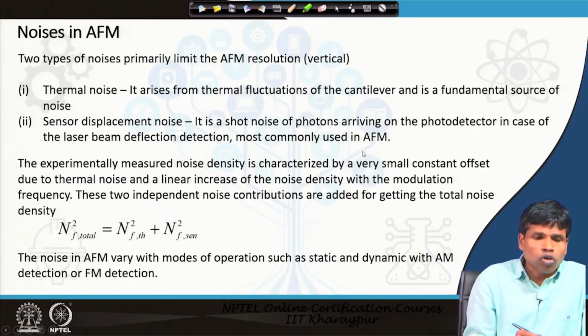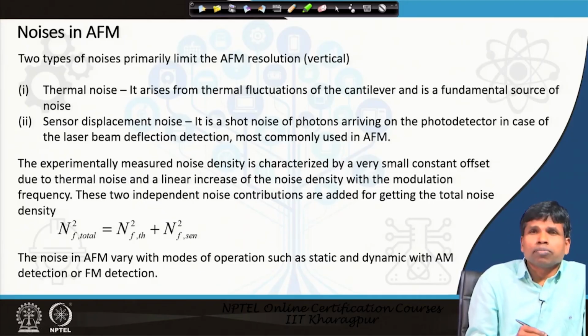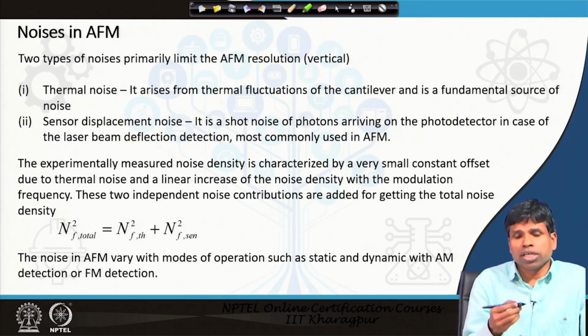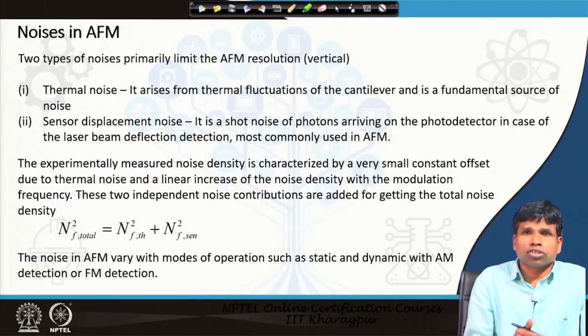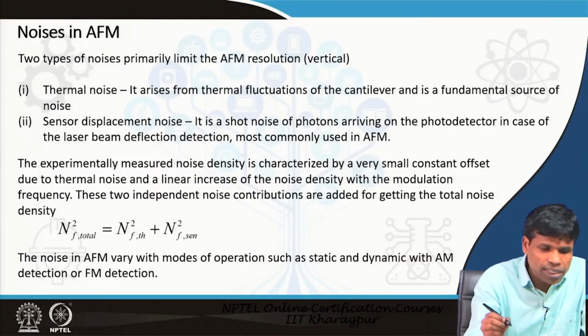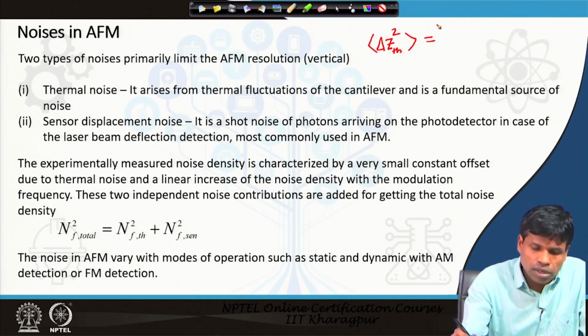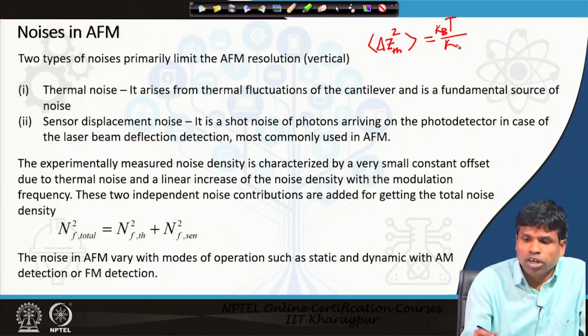If we talk about noise a little more, there are two types of noise. Primarily thermal noise: due to temperature, thermal fluctuation happens to the cantilever, and that is a fundamental source of noise. We can write the thermal noise as delta Z thermal, proportional to the square root of Kb T divided by K, the spring constant.